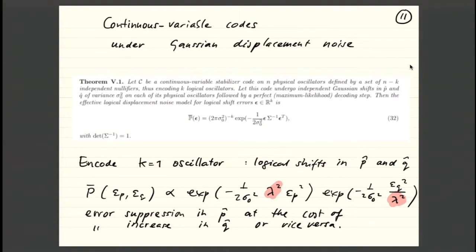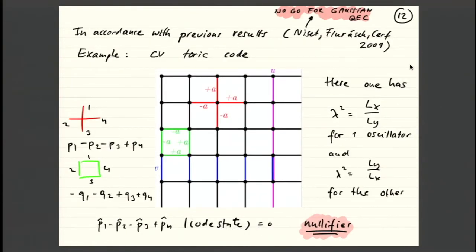This is a particular channel, the Gaussian shift channel, that's why we can analyze this. But it really says these codes are completely useless. This is how I interpret it. And this is in some sense in accordance with the no-go results for Gaussian quantum error correction, because in these continuous variable codes, your code words, the states, are actually Gaussian.